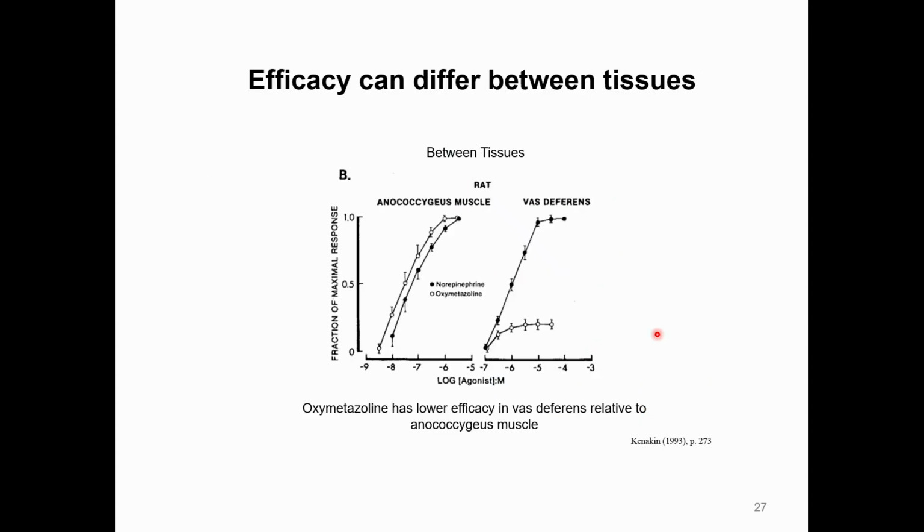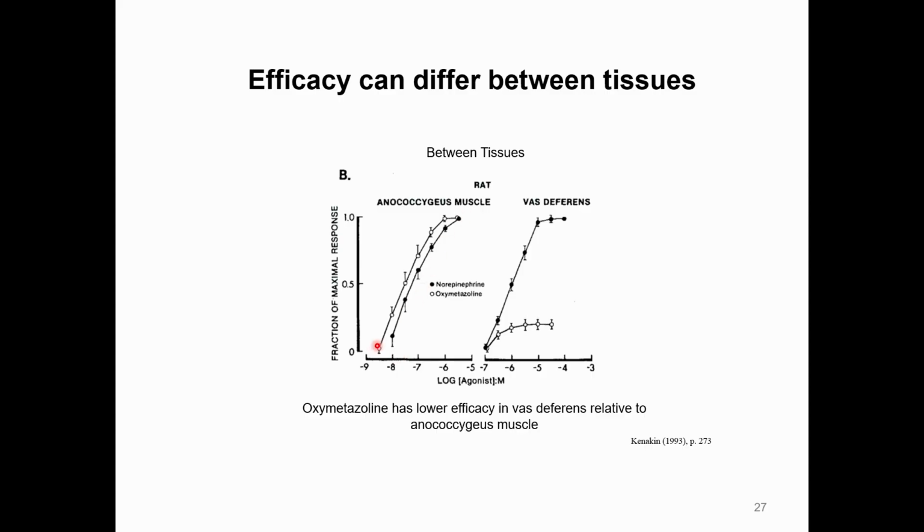So efficacy can also differ between different tissues. Here we're looking at two drugs in two different tissues, norepinephrine and oxymetazoline.